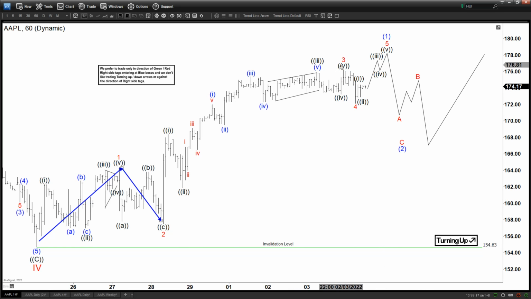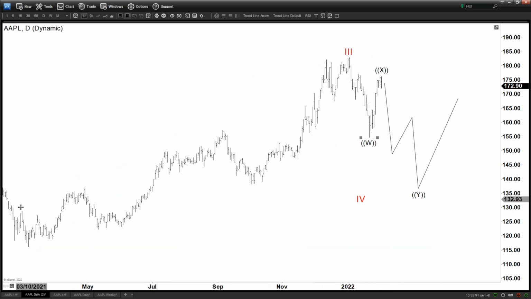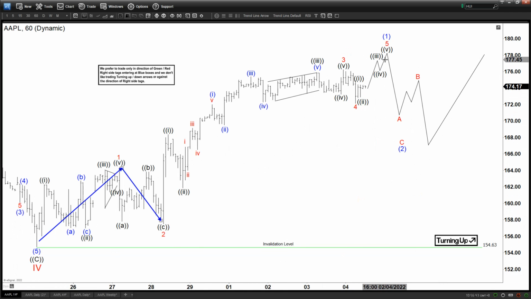Another possible alternate with the same double correction idea is that we simply make another push higher. Let's imagine this is AB, 1, 2. I place here 3 and 4, and this is a 5, and that will be the end of the C leg. So let's call it this way, AB, and this is your C right here.